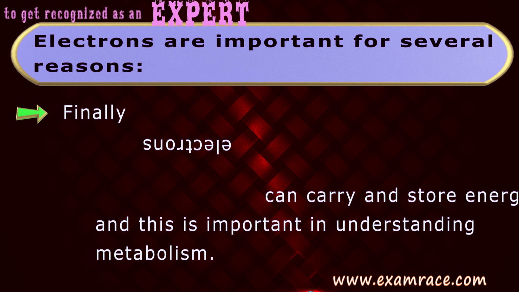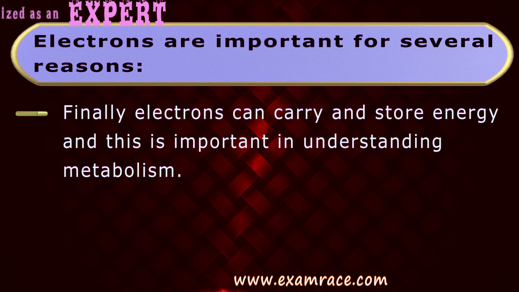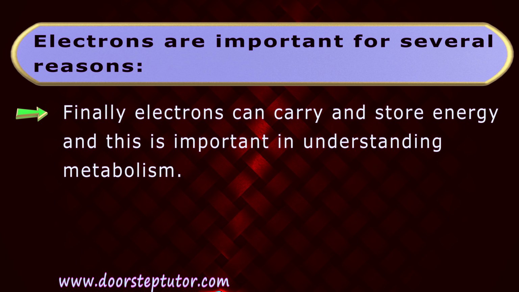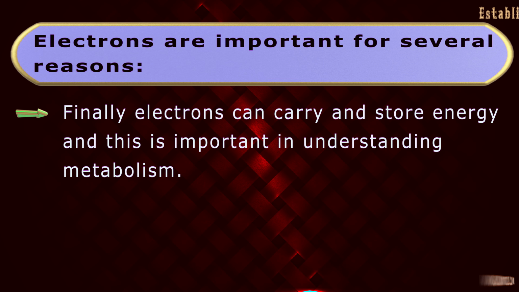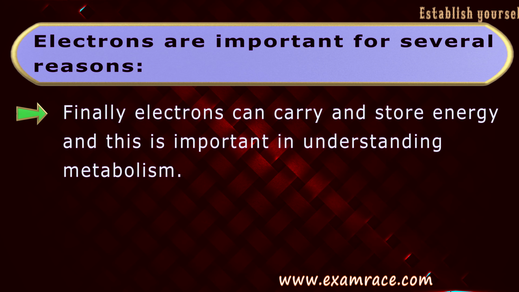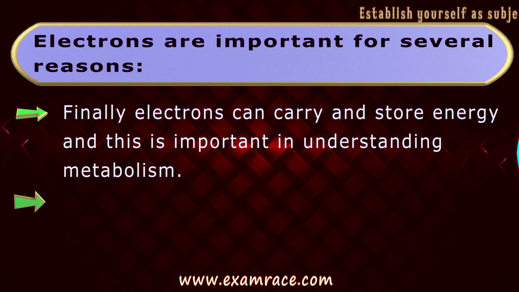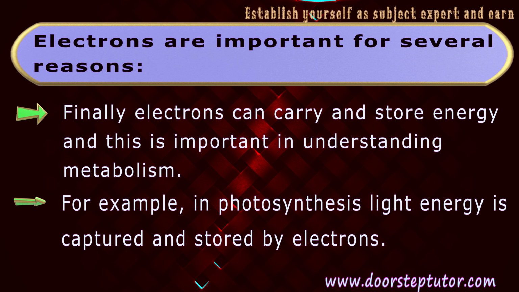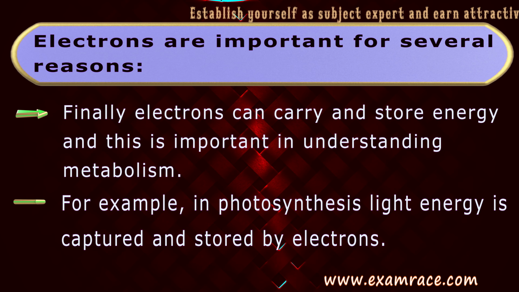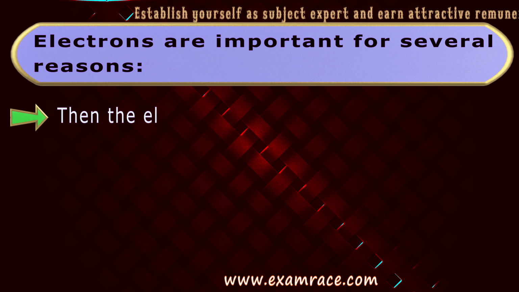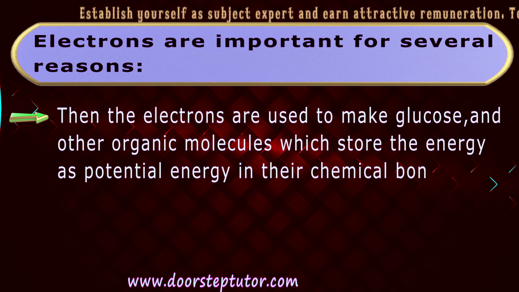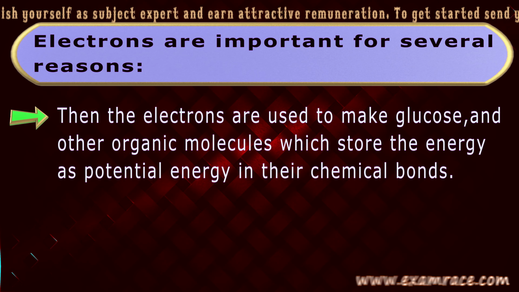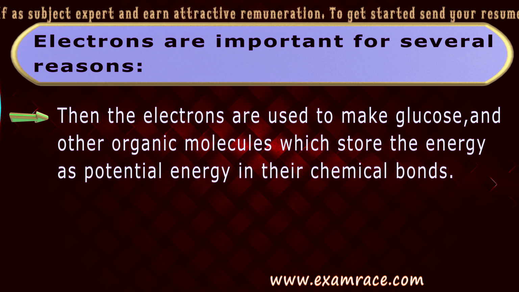Now finally, the next significance of the electron is that it can store energy also, and it is very important in understanding metabolism. For example, in photosynthesis, the light energy is captured and stored by electrons, and then they use it to make glucose and other organic molecules, and this stored energy is used as the potential energy in their chemical bonds.